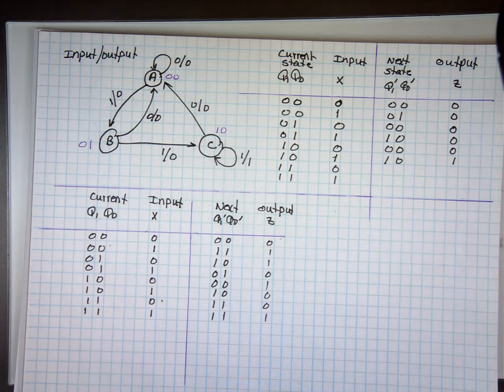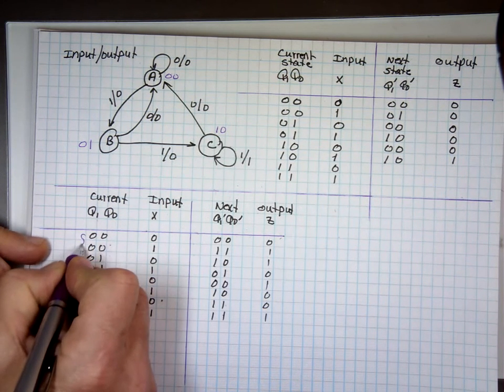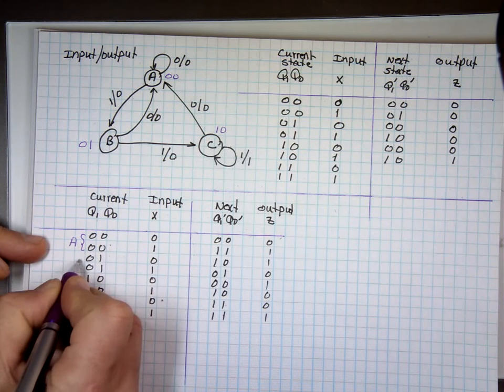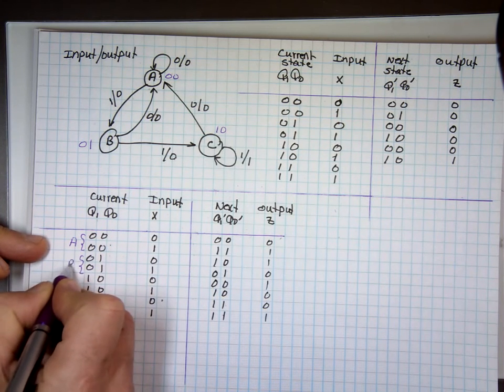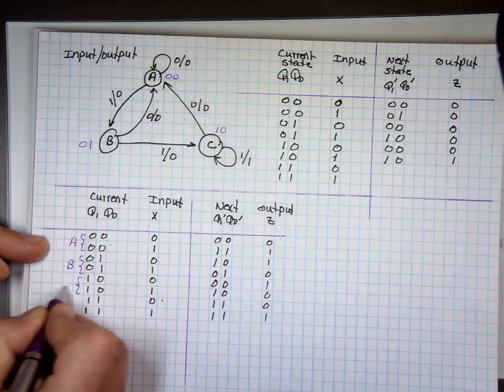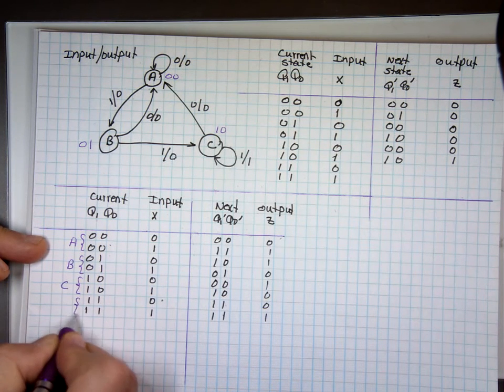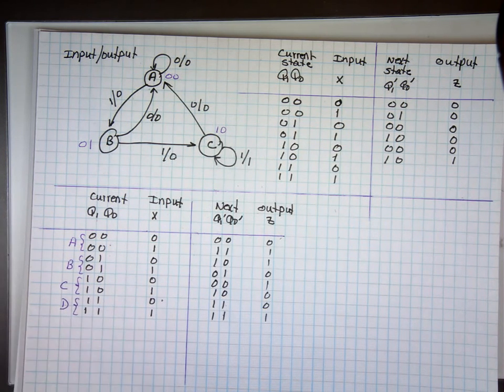I have 4 states. These two are state A, 0, 1, that's B, 1, 0, that's C, and 1, 1, that's D. Here we go.